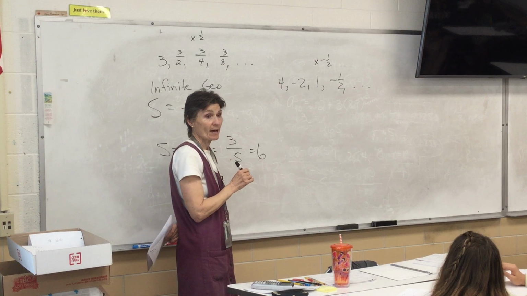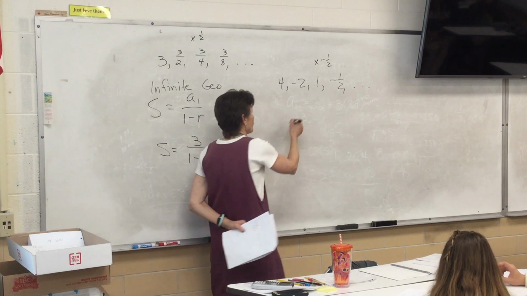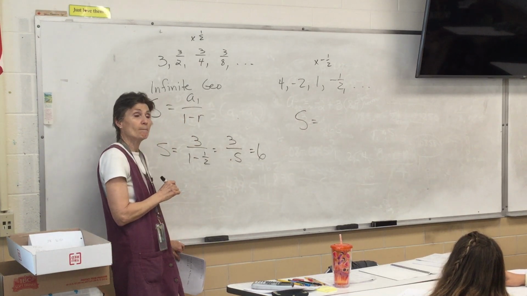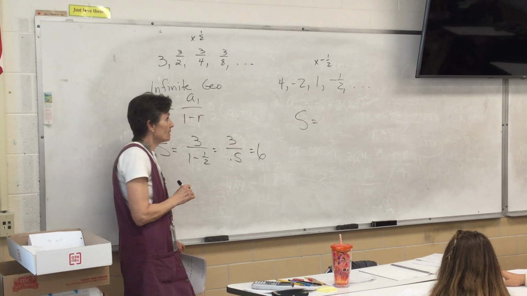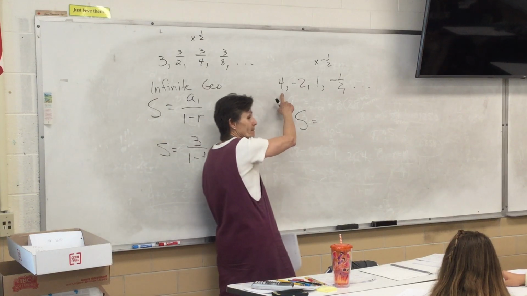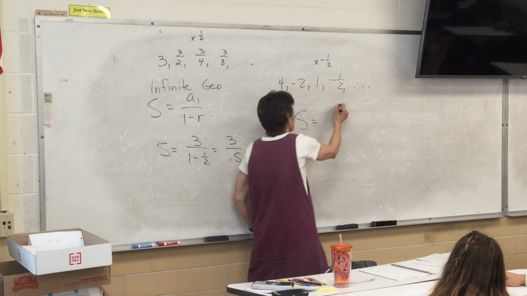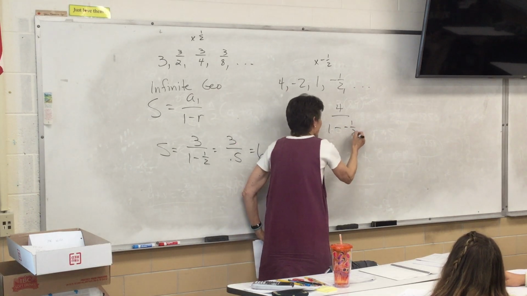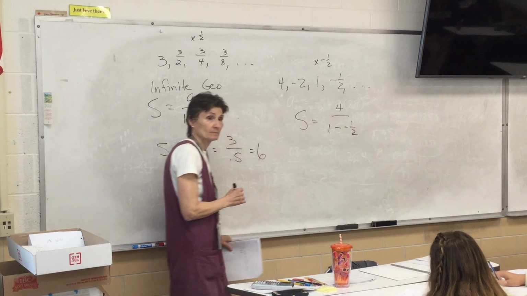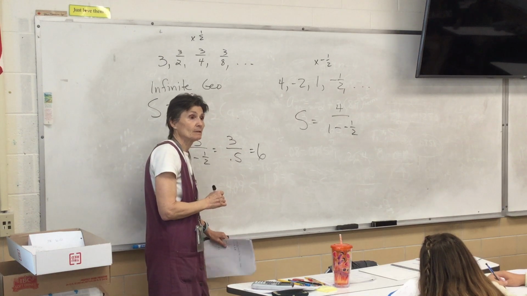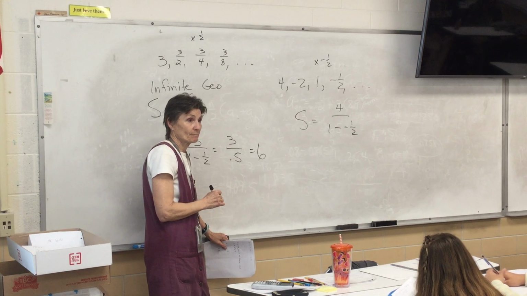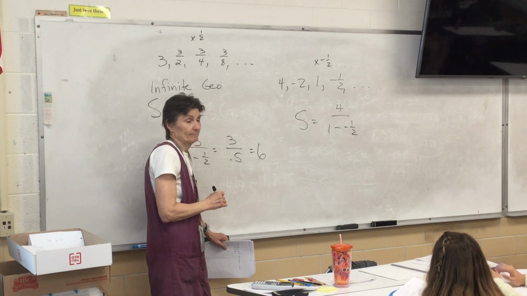Would everybody agree with that? So according to my new geometric infinite sum formula, the first term is 4, and 1 minus -1/2. So infinite will never be like subtracting anything, right?